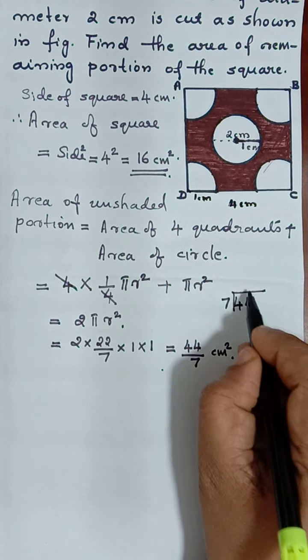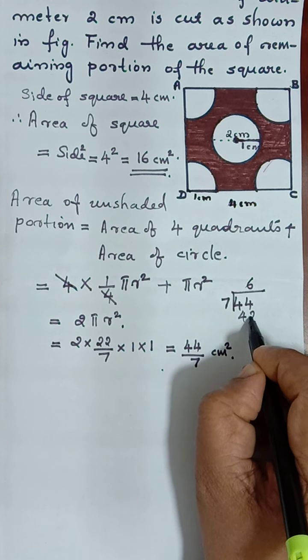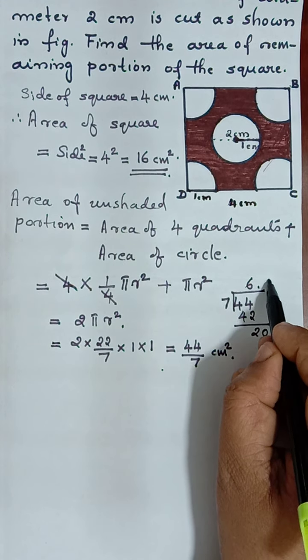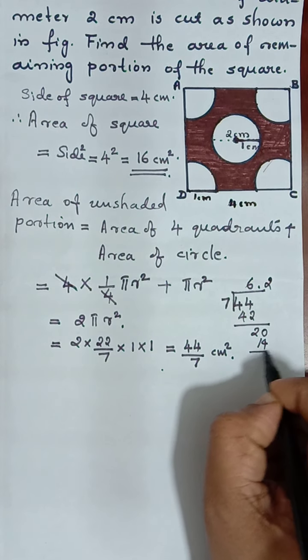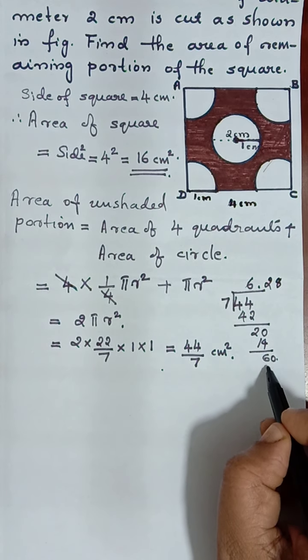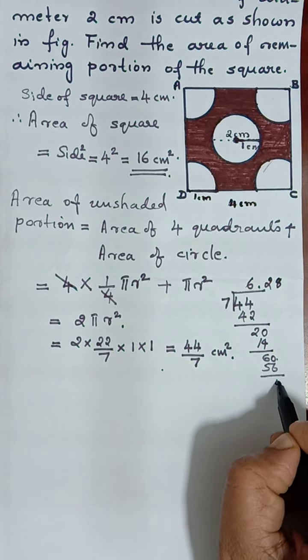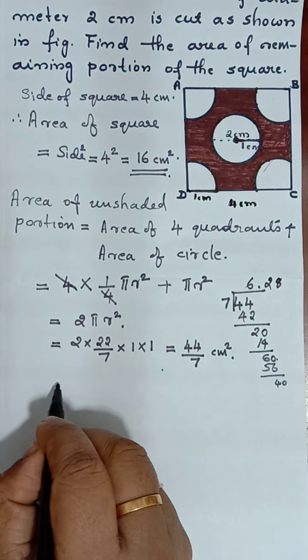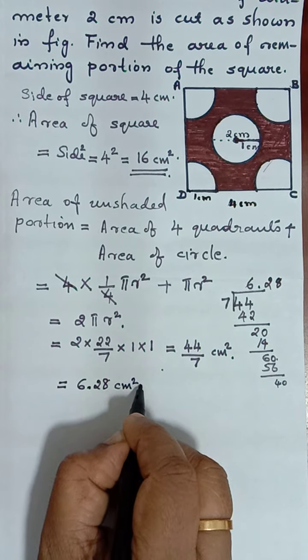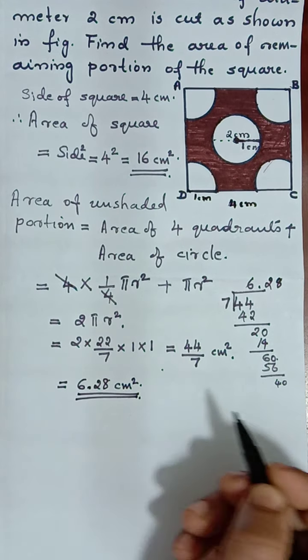How many times? 6 7s are 42. 2 comes as the remainder. Put 0. 7 2s 14. 6 0s are 60. So here 8 times, 7 8s are 56. It goes on. So here we can have the value 6.28 cm square. This is also one of the important values.